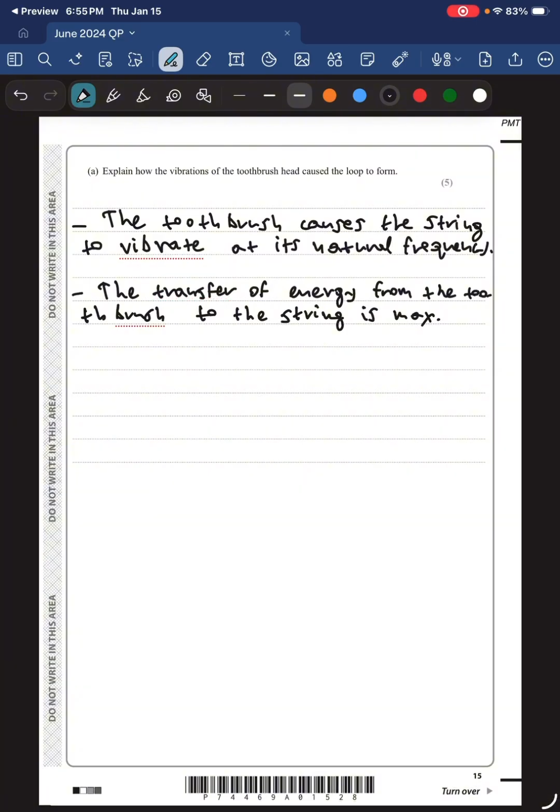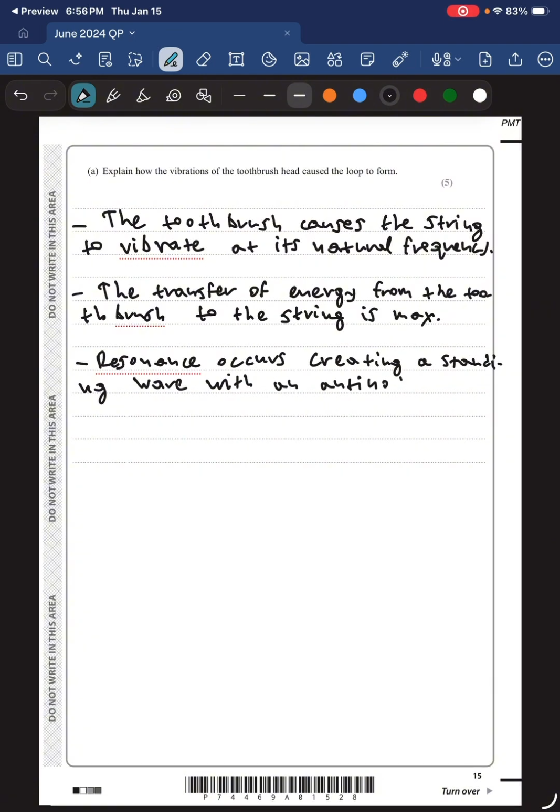Okay. So resonance occurs, creating a standing wave with an antinode at the center.